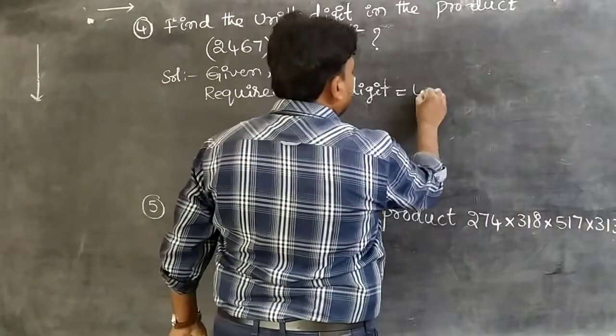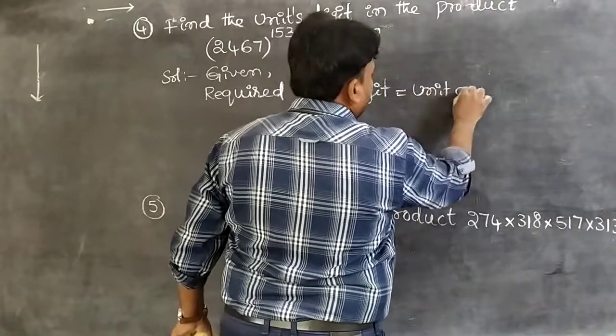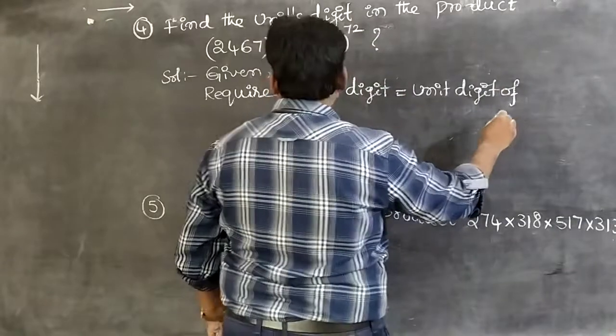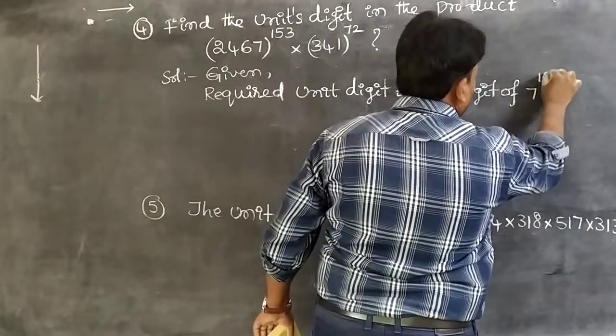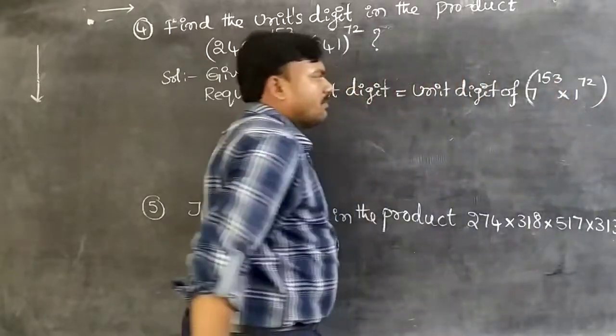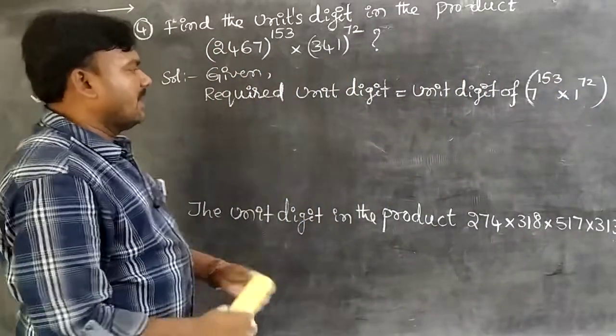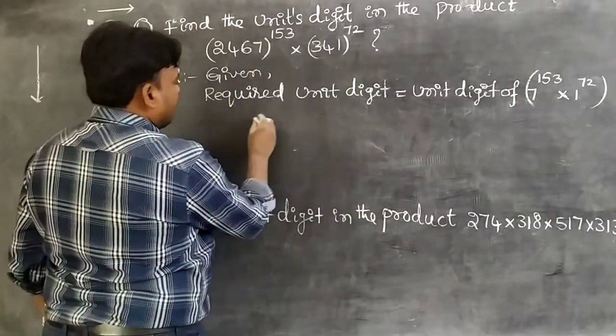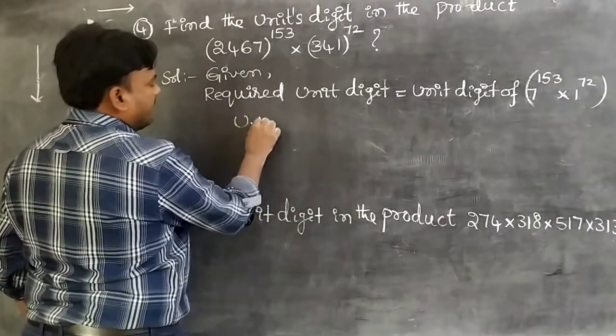So unit digit of 7 power 153 into 1 power 72. Yes, we find the unit digit of 7 power 153. So unit digit, UD taken, students.